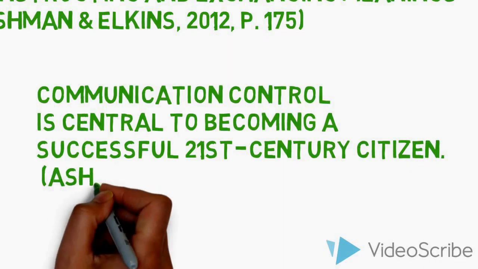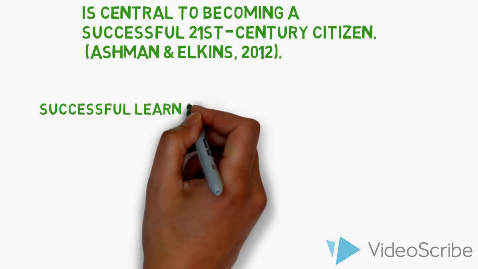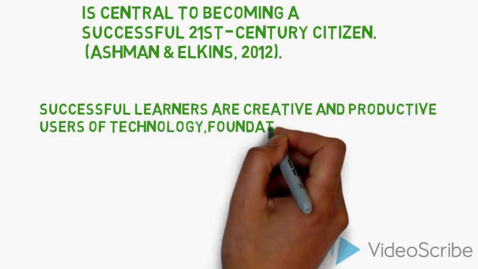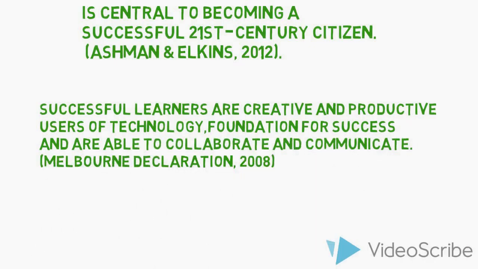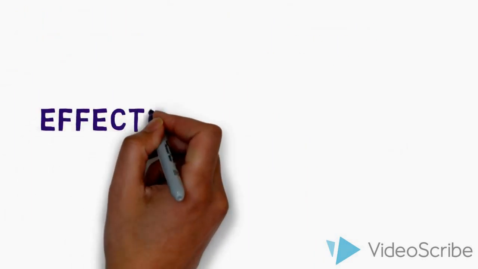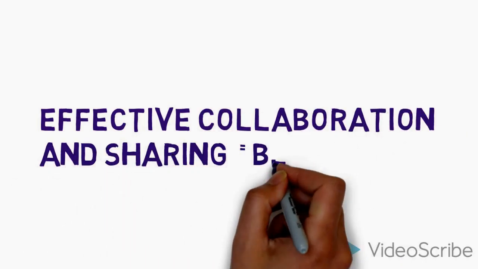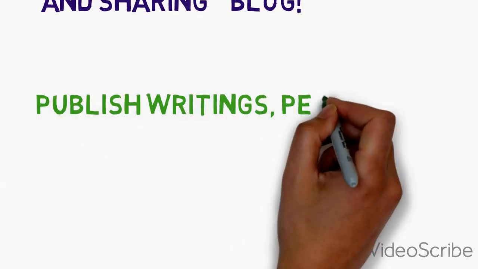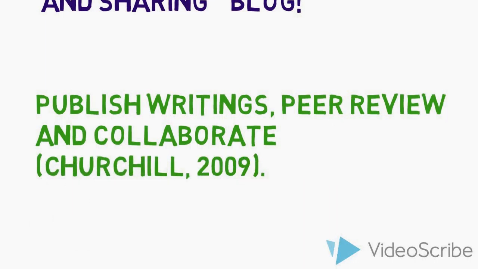The Melbourne Declaration, which states the educational goals for young Australians, explains that successful learners are creative and productive users of technology as a foundation for success in all learning areas, and they are able to collaborate and communicate. An ICT that provides an effective way of doing this is the use of a blog. Students can use blogs to publish their writings and ideas, peer review each other's works, and collaborate on projects.